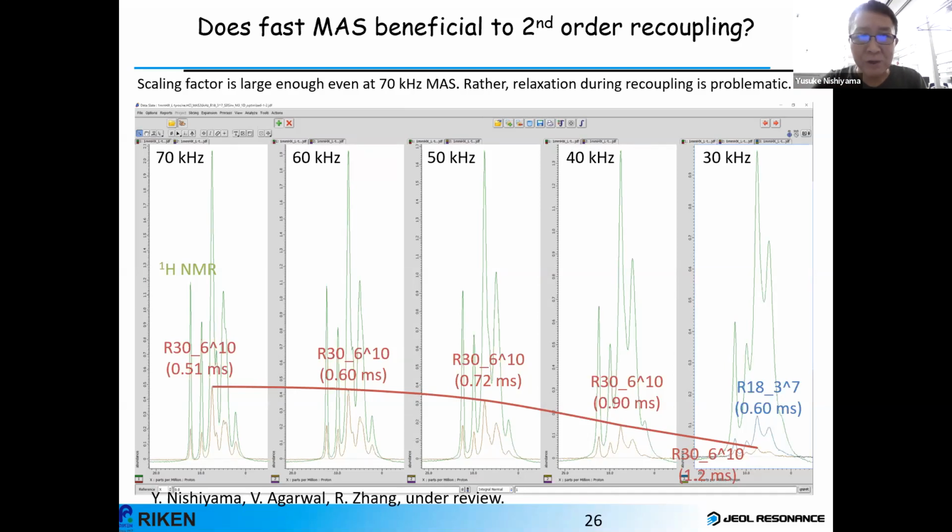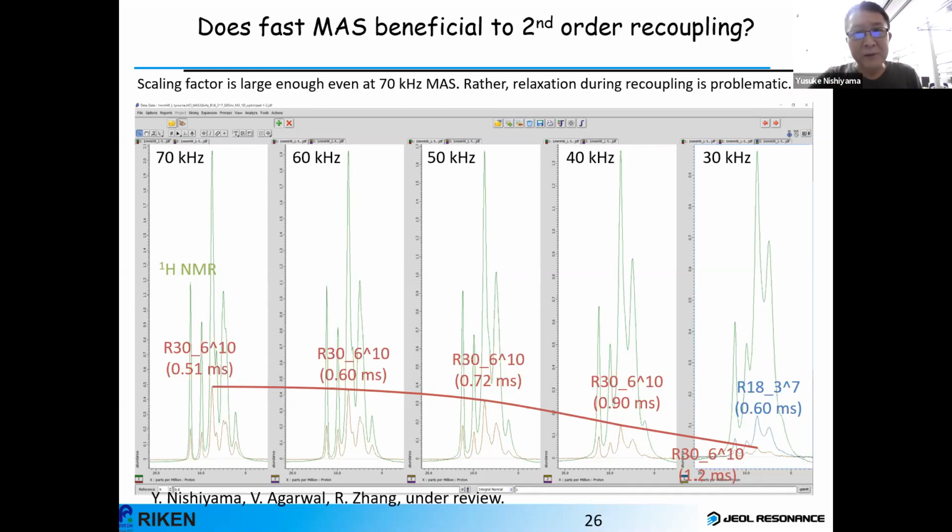In order to evaluate it, we observed the double quantum filtering efficiency at several different spinning frequencies, from 30 kHz to 70 kHz. As you can see, the filtering efficiency is maximized at the highest spinning frequency. That means at least up to 70 kHz, the second-order Hamiltonian is large enough to produce double quantum coherence.